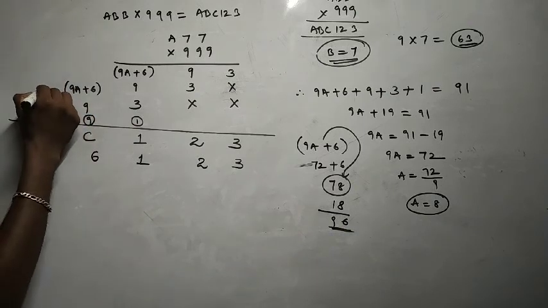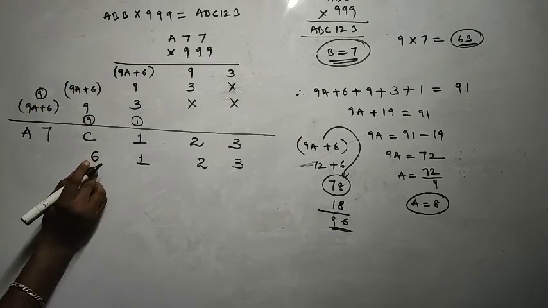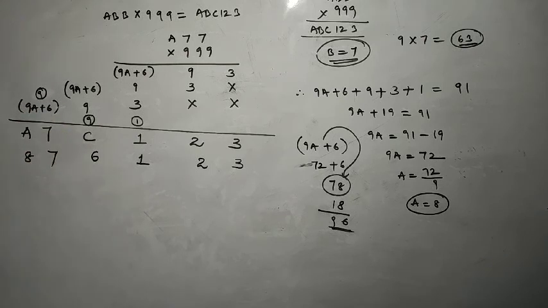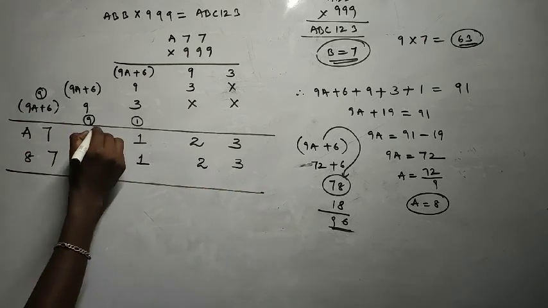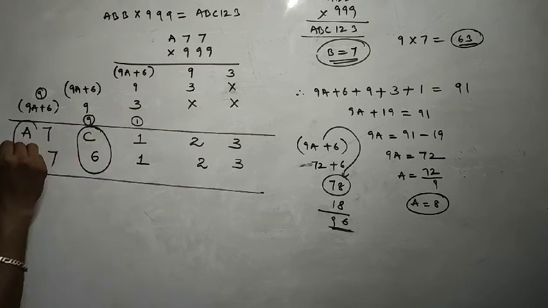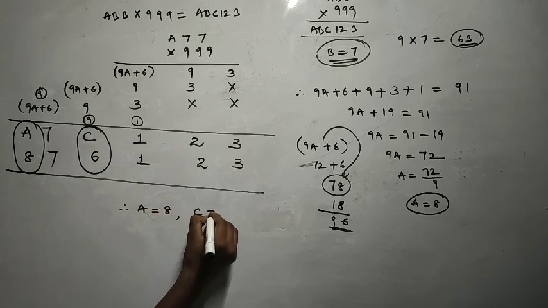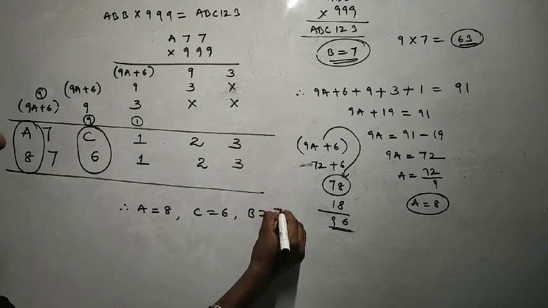Yes, 96. So 9 carry. Correct? 6 as it is. 78 plus 9, 87. Now look, the digits are matching: the C value matched with the 6, the A value matched with the 8. So therefore the A value is 8, the C value is 6 and the B value is 7.